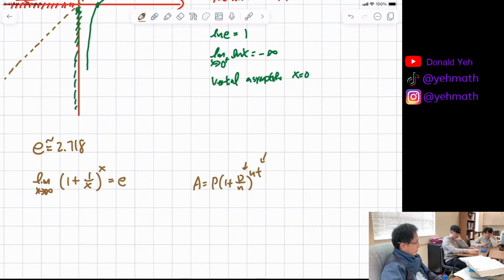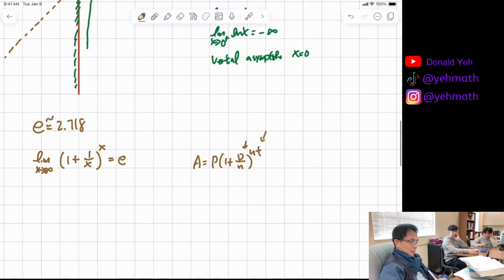Got it? $1, 1 year, 100% interest. So guess what? It's going to be $1 times (1 plus the interest rate, 100%, so 1 over 1) to the 1 times 1. So that's roughly 2 if I only compound once.